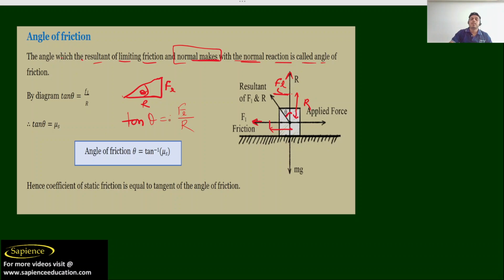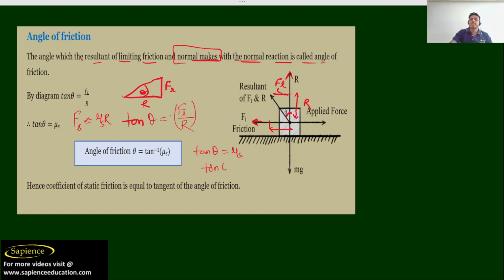Now FL by R. Just now I have given a formula that the limiting friction force FL is equal to mu into R. Now from here we can write tan theta is equal to mu, and since it is limiting or static friction, you can write mu s.